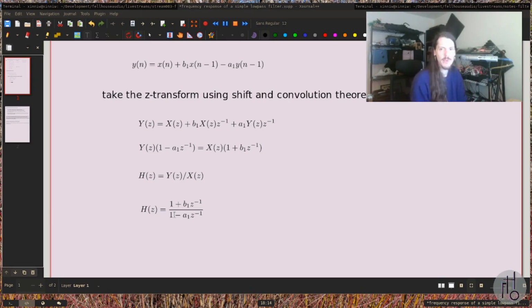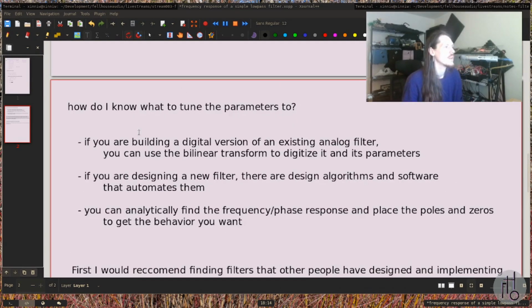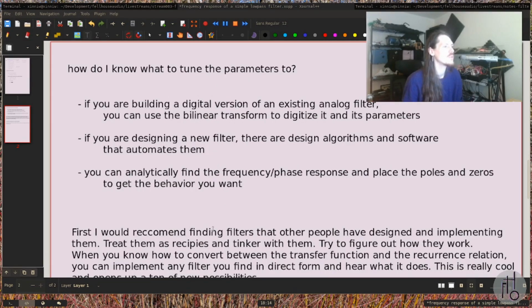And maybe, if there's interest, we could cover some of that. There's a really good explanation for all this stuff in Julius's book. Yeah, so maybe next time we can talk a little bit about how I know what to tune the parameters to. But I think even with the tools that we've got right here, this lets you find a filter out in the world, like in a white paper or something, and it lets you actually implement it and listen to it.